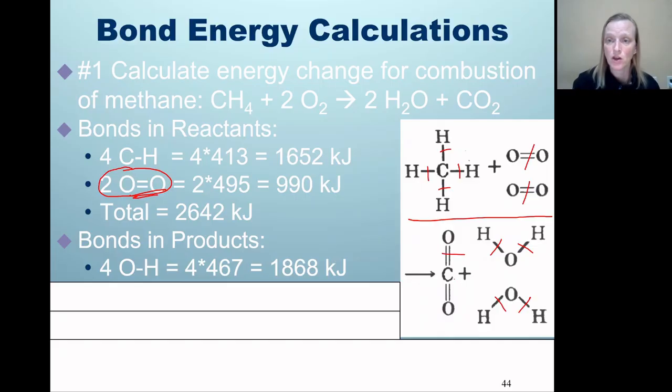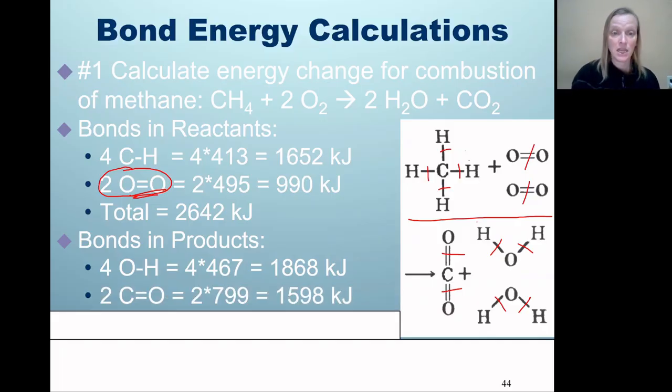And then I have the carbon-oxygen double bond. I have 2 of those. And remember, this is inside carbon dioxide, so I want to use the value from the bottom right-hand corner of the table, which was 799 kilojoules per mole. So I take that 799, multiply by 2, and get 1,598.